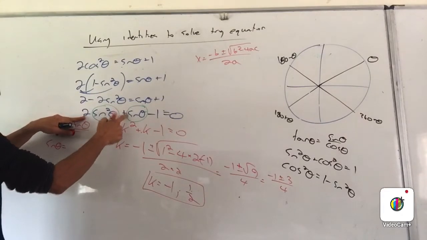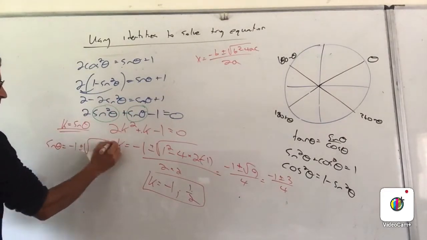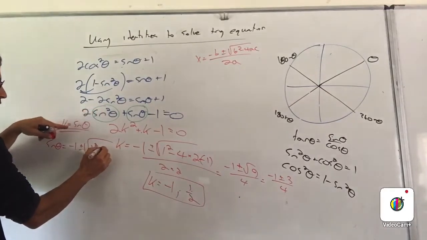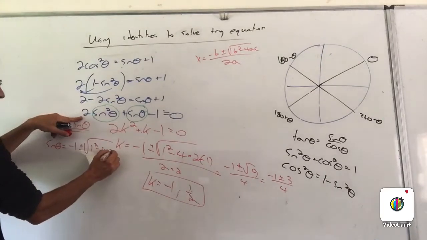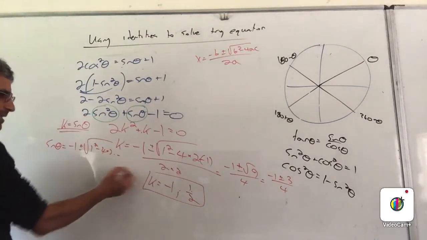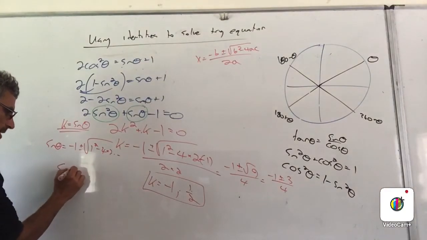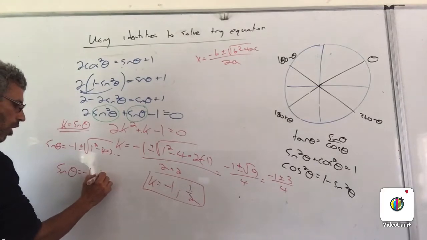What is the b? B is what's in front of the sine theta, so minus 1, plus minus 1 squared, minus 4 times, what is the a? A is what's in front of the sine squared, 4 times 2. You can carry on just in the same way and you will get the same thing. Instead of calling it k, you will say straight away sine theta equals minus 1 or half.